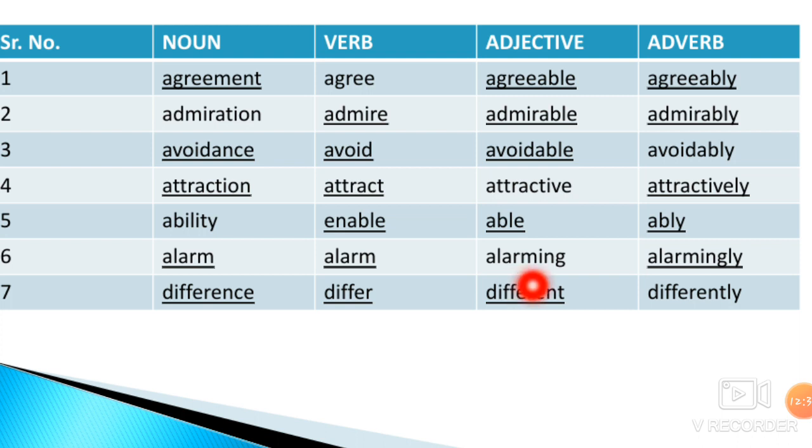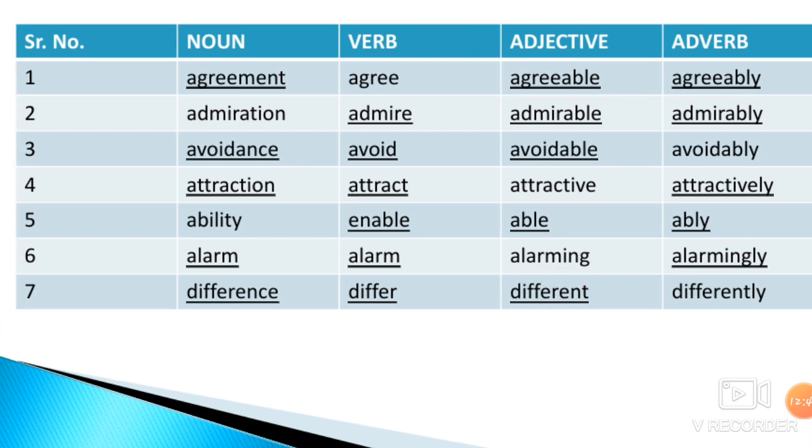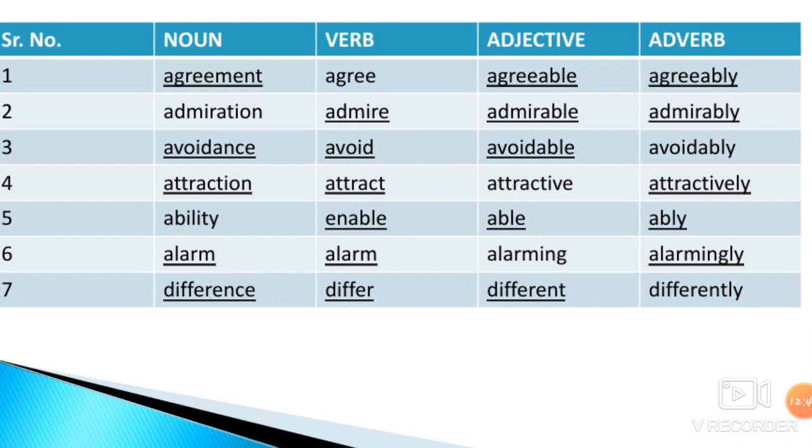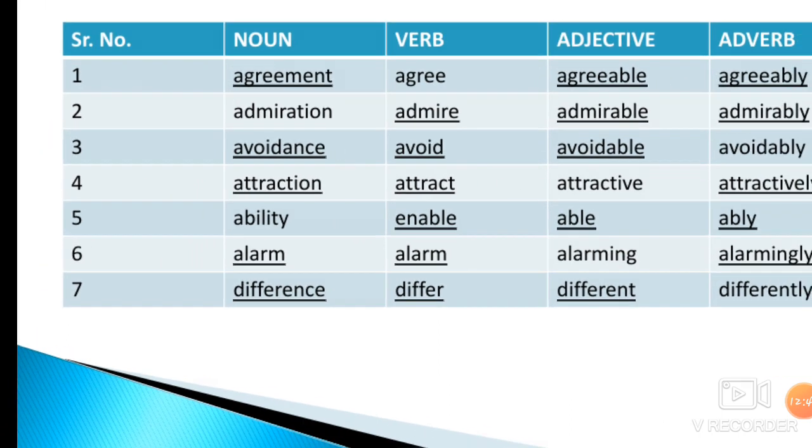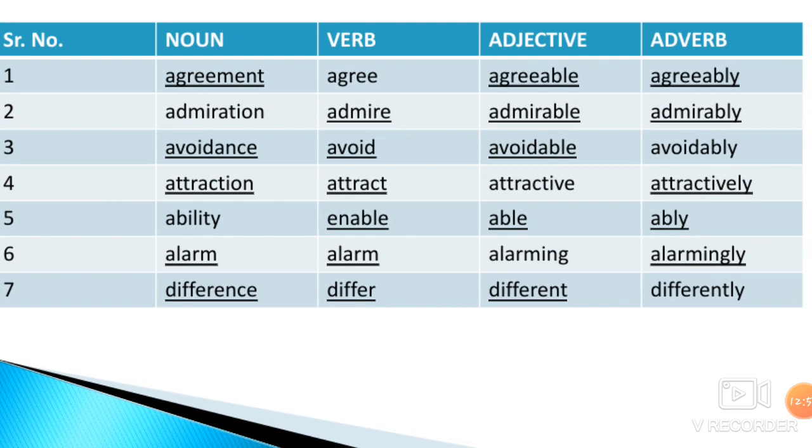I have chosen 7 examples here. Let's see this table. Some forms are given in the table and some are not given. Whatever is not given, I have mentioned the answers and underlined them. So you are getting ready-made answers with this table form.